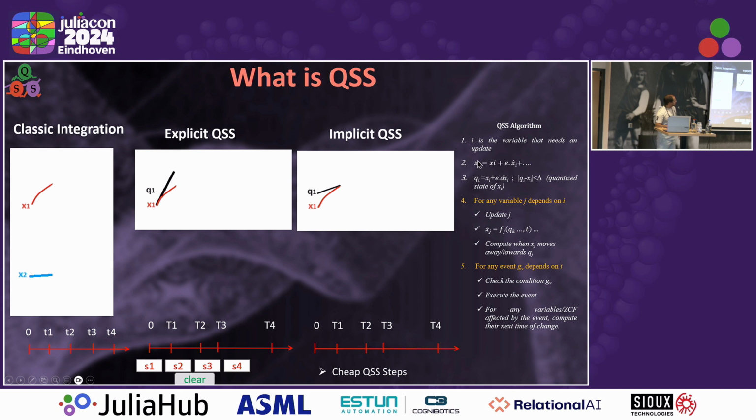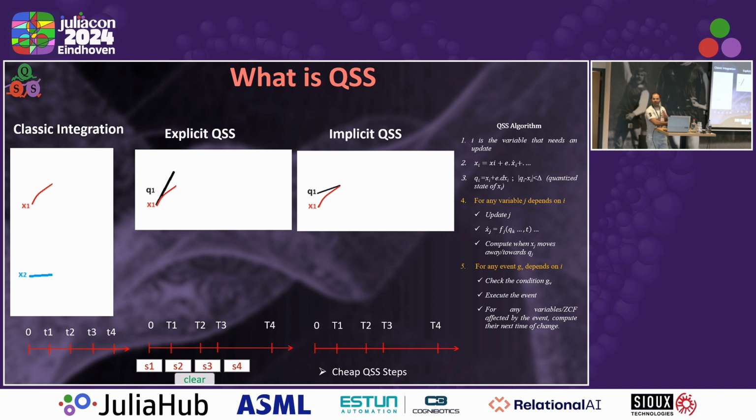So the algorithm, in simple words, will look for what variable needs an update, and then update that variable. Then I update its quantized variable, and then see if other variables depend on this variable, and I only update those.